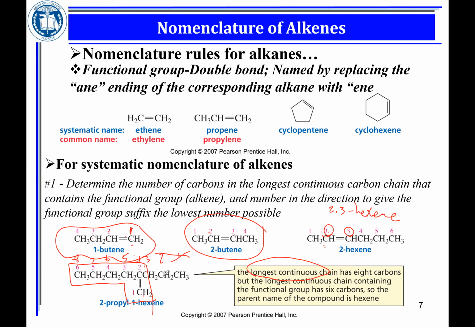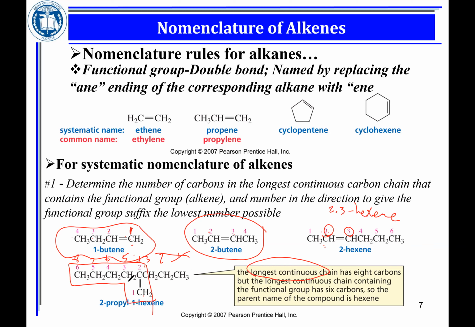You cannot be concerned about the length of the carbon chain if the cost is to leave the double bond out. So you cannot leave the double bond out. You have to include the main carbon chain in a way that the carbon-carbon double bond is included. So the double bond, or the functional group, takes priority over the long carbon chain.